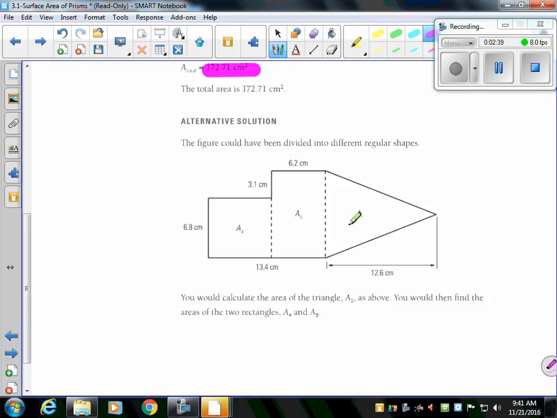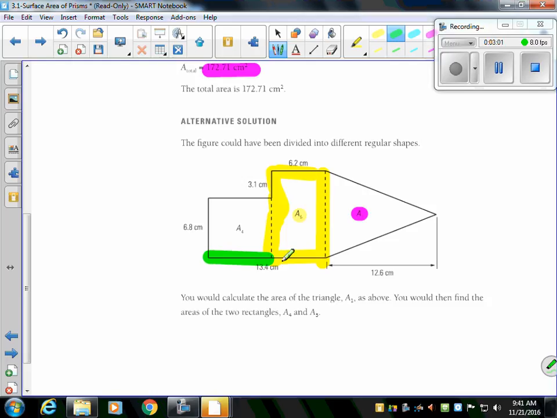Like I said, you could choose different ways, right? There's still this triangle here. Then there's this area, if we cut it straight down, which is 6.2 by 9.9, right? Because that's that length, 6.2 by 9.9. How do we figure out this length here?